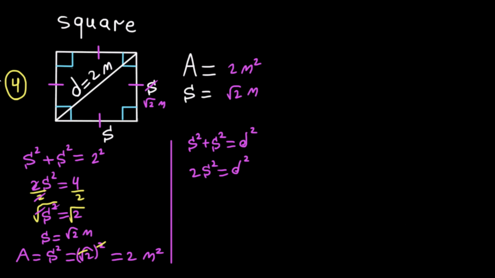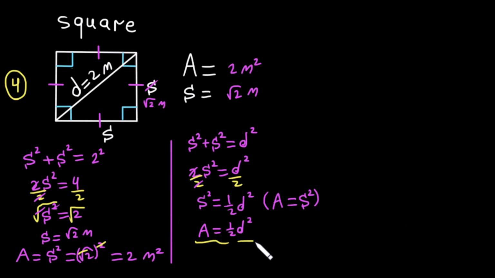Now, let's divide it by 2 for both sides. So, this will cancel with this. So, s squared equals d squared divided by 2. I will write it like this: half multiplied by d squared. Okay, now using that the area of a square equals s squared, we can substitute a instead of s squared. So we can write here a equals half d squared. So we found the formula, which is a, the area, equals half multiplied by d squared, which is the diagonal squared.